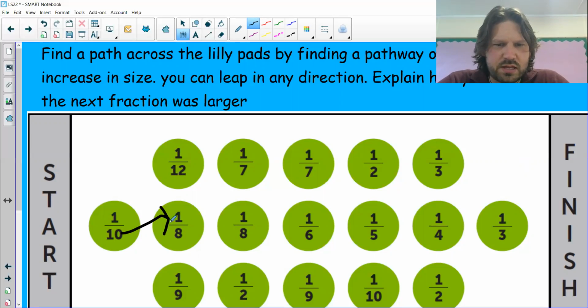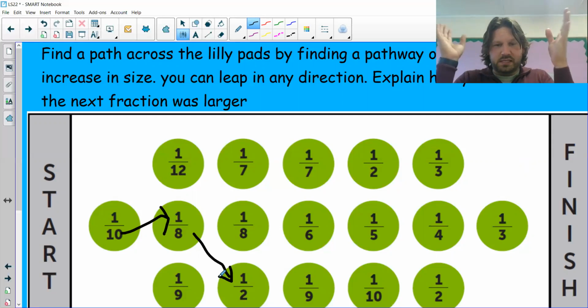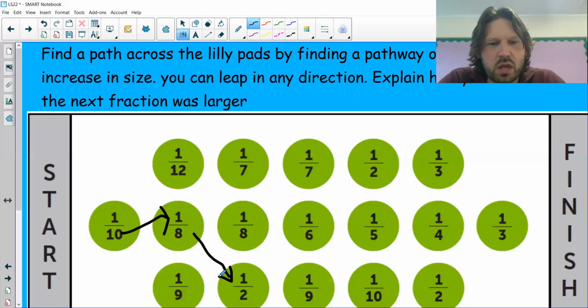So from 1/8, we need to get to a bigger fraction. And you've got options there. But for example, if I go to this one, which is bigger, because the whole is split into 2 instead of into 8, which would be smaller. Now, I can't go into any of these.